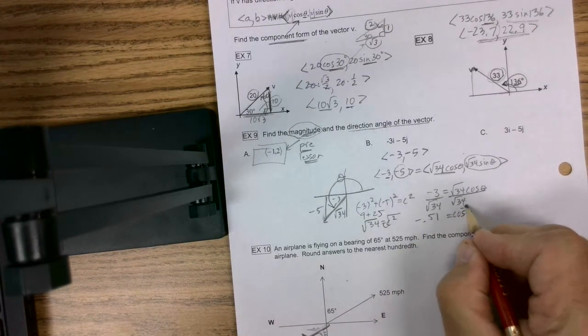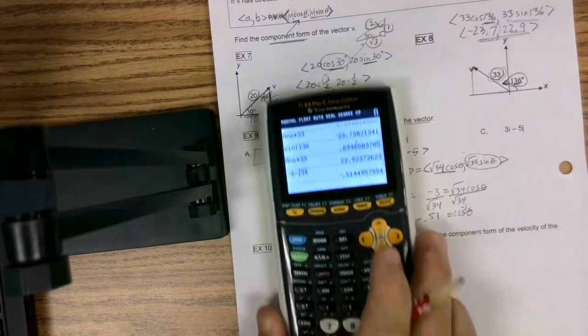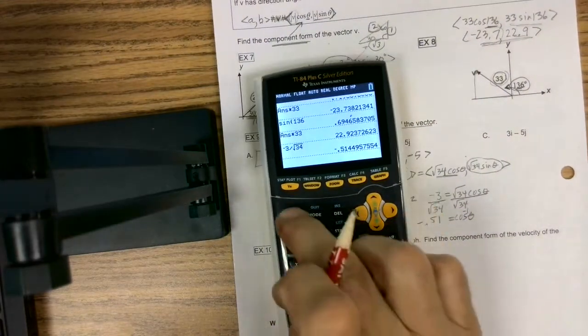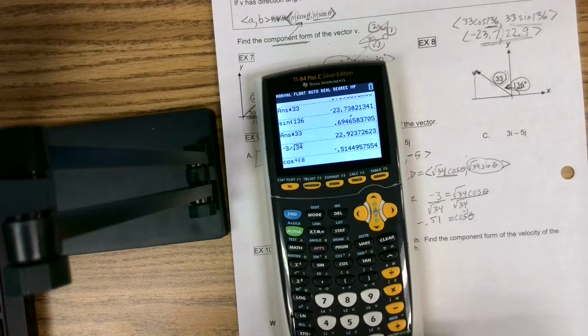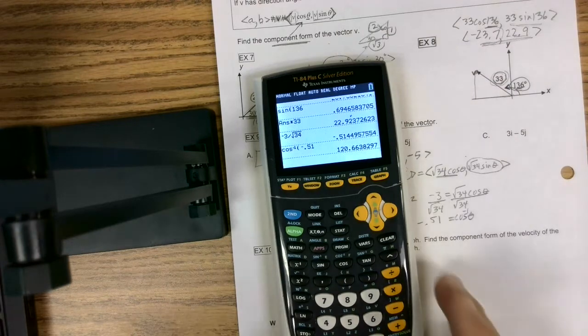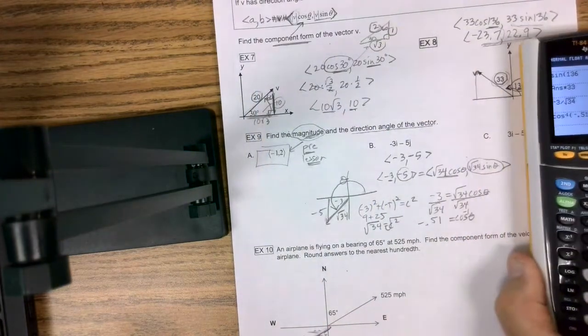So now I got to go second cosine. So this is when I take my calculator and I go second cosine -0.51. That is what I had, right? Enter. See, 120 degrees.